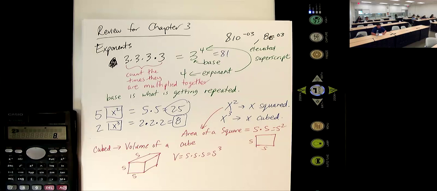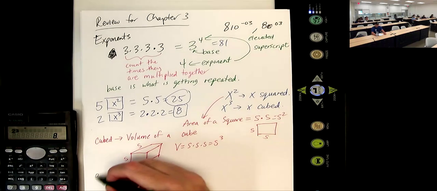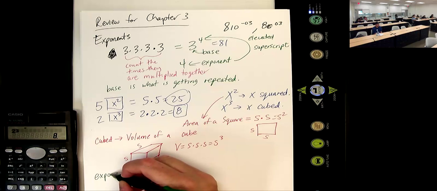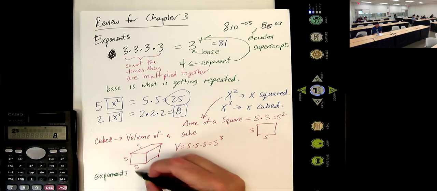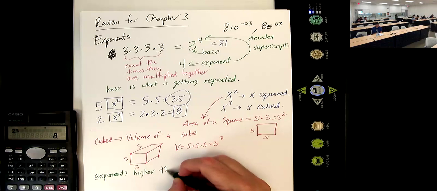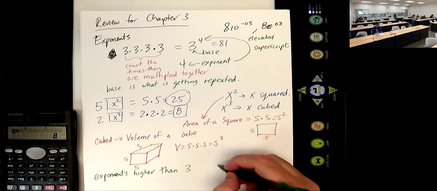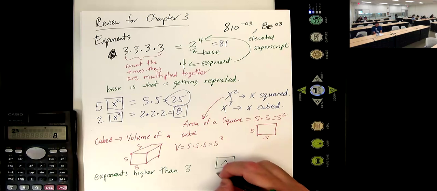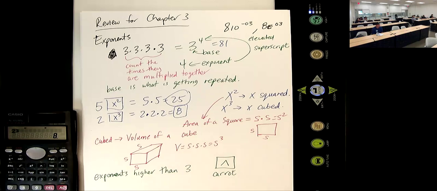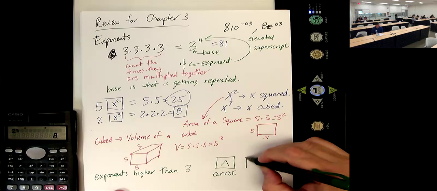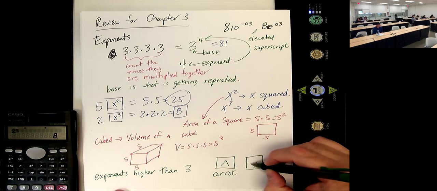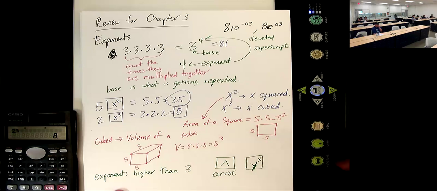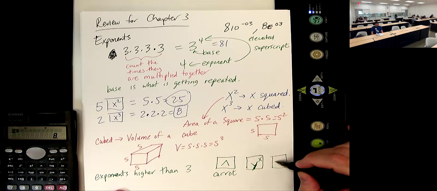If you need an exponent higher than 3, some calculators use a key called a caret. I think it's spelled like the veggie, carrot, but I have no idea how it's spelled. On some of them, you might see a Y with an X, or an X with a Y up top.